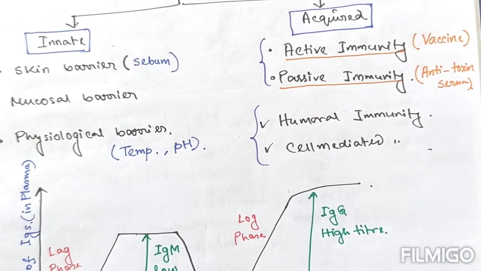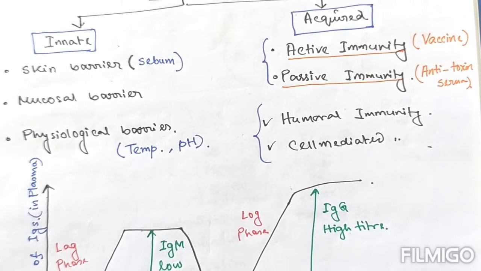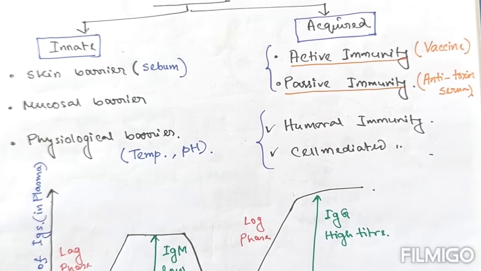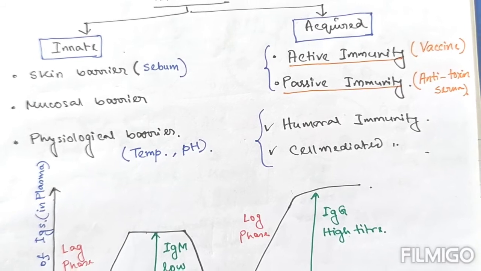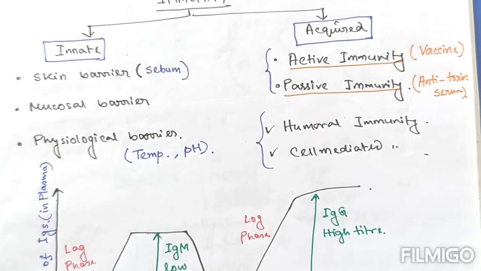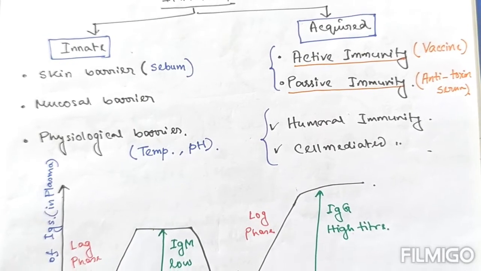Some types of immunity may be conferred by the bile salt, which interferes with the bacterial cell membranes, and also cilia present in the lower respiratory tract propel the microbes outside, preventing them from entering into the lower respiratory system.